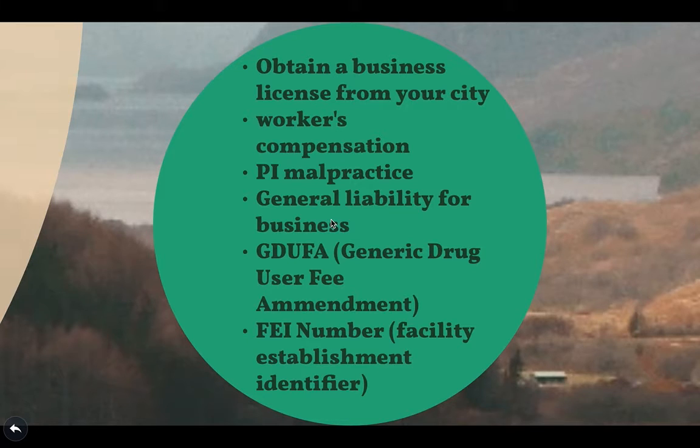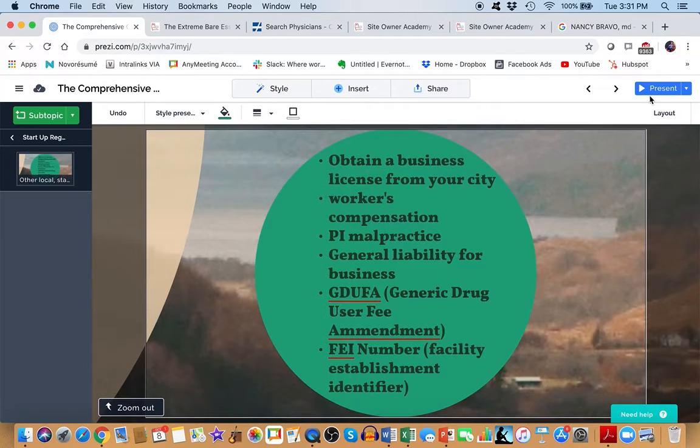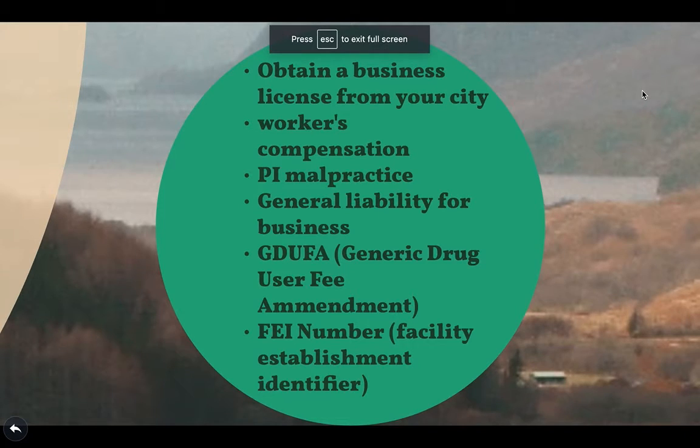I don't think they have to do phase 1, but they have to do phase 2 and 3. And anybody that wants to participate in those types of trials has to have this GDUFA number. So it's registration with the federal government. FEI number, that's part and parcel to the IRS. You need this number for tax purposes. And you get that by registering your company with the federal government and your state government.